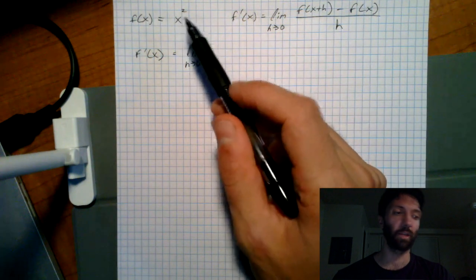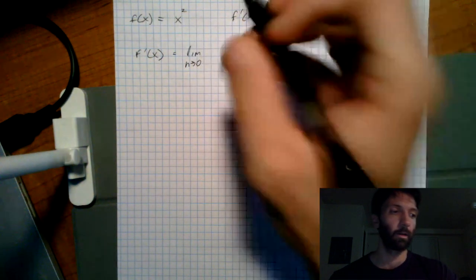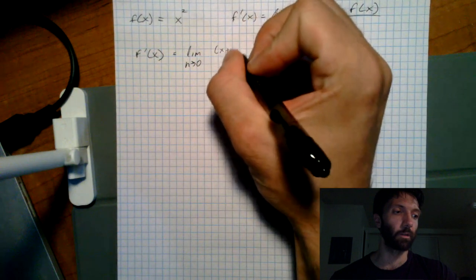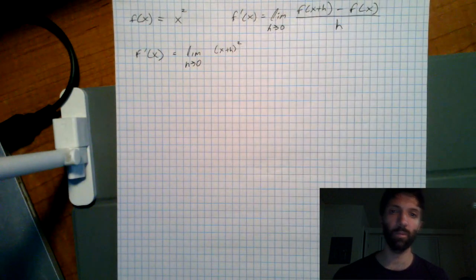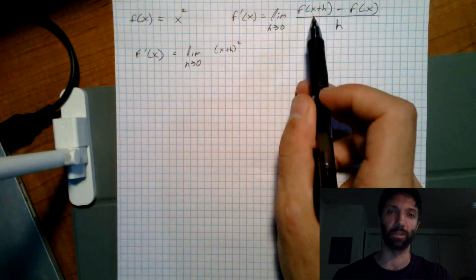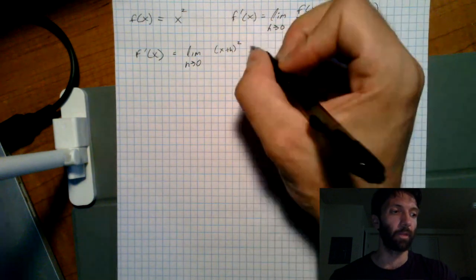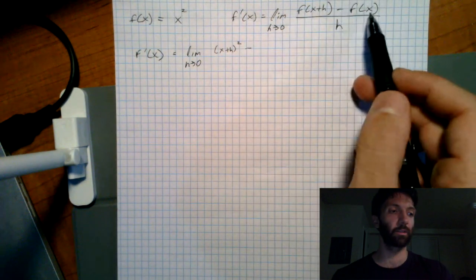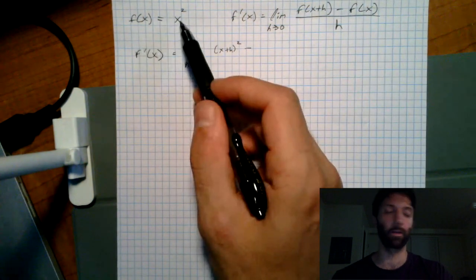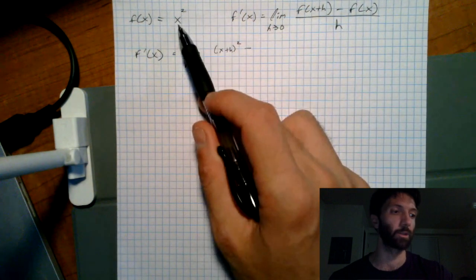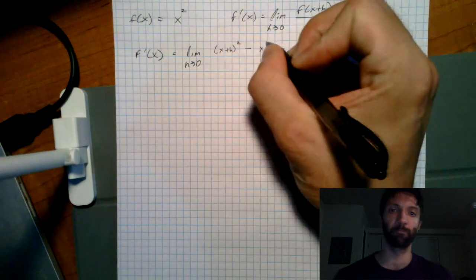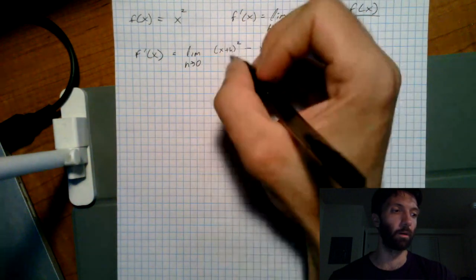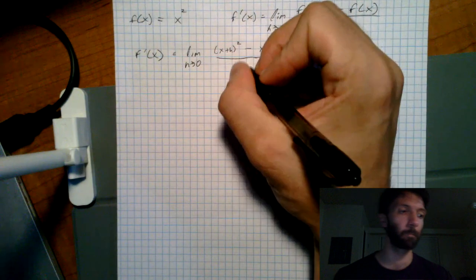Instead of writing x squared, I'm going to write x plus h, the quantity squared. Okay, so that is my f of x plus h right there. And then I'm going to subtract from that f of x, and here f of x is just x squared. So I can just directly substitute x squared in for f of x here. And this is going to be all over h.